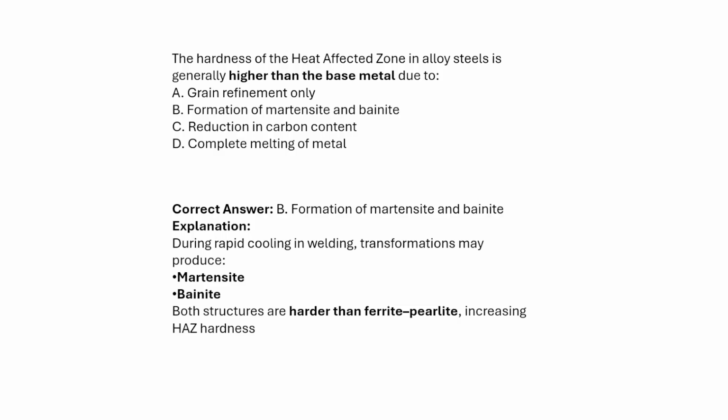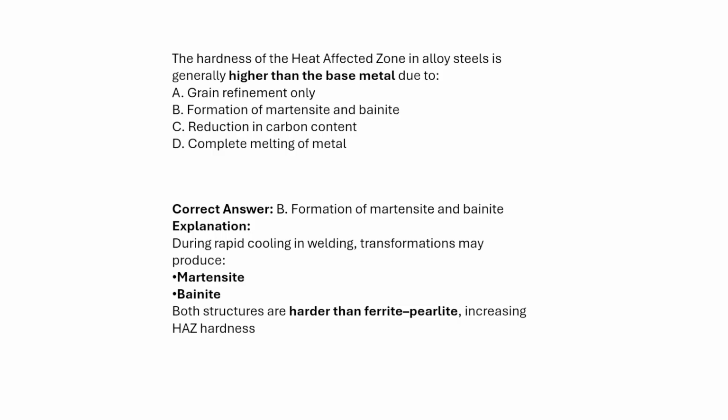The martensitic phase generally has the highest hardness, which results in higher hardness. So the first option is A, grain refinement only. If the grains are coarsening, will it change the hardness? No, that is not the reason.